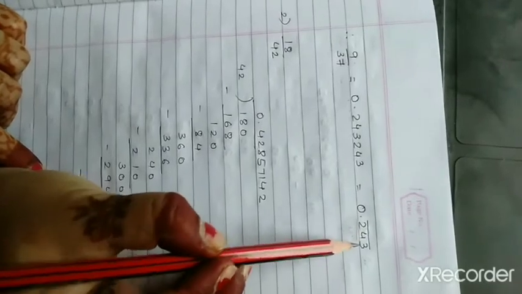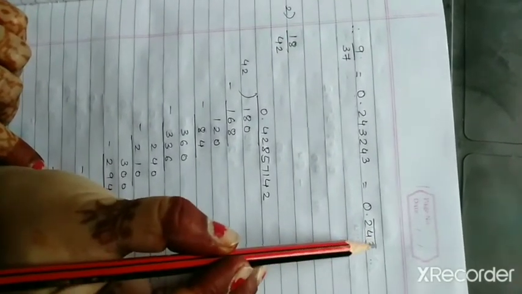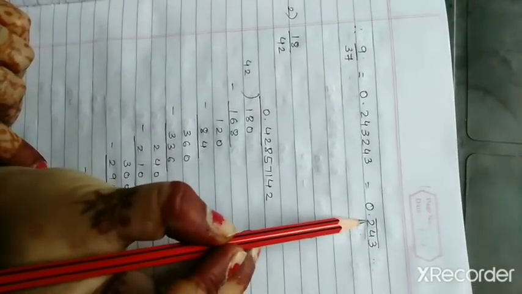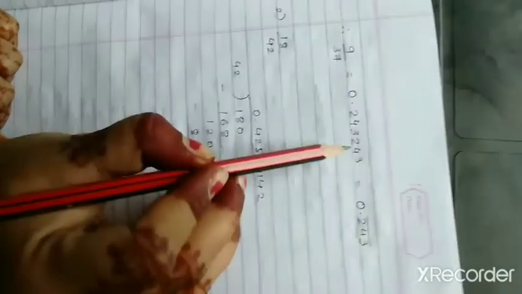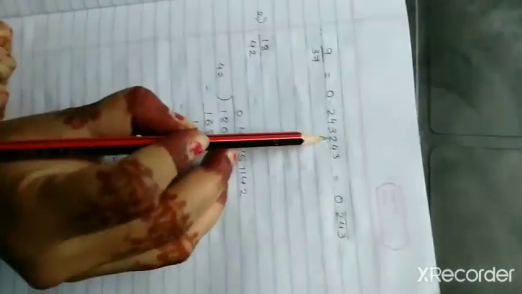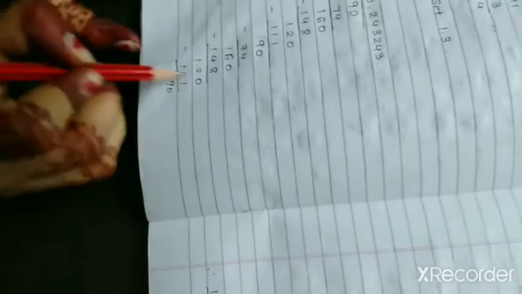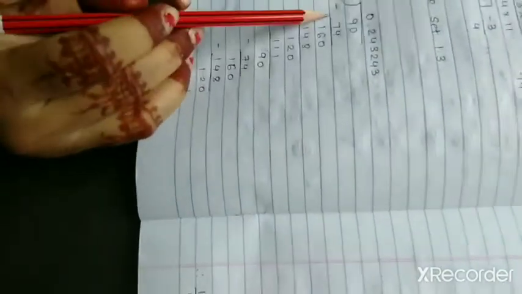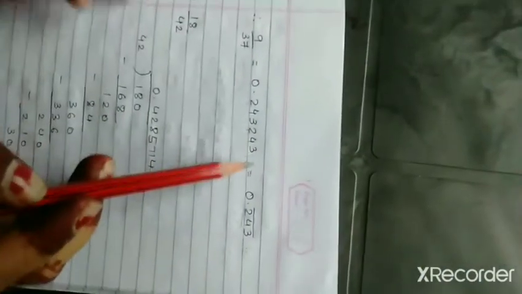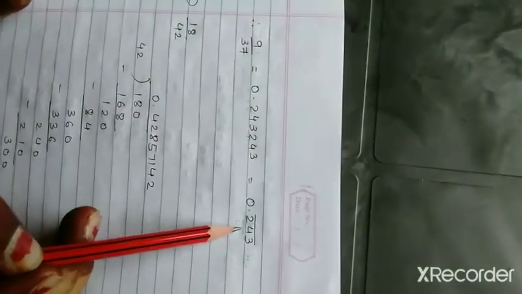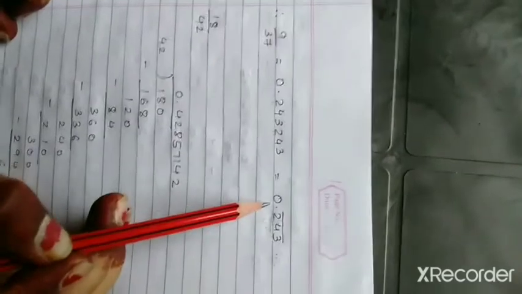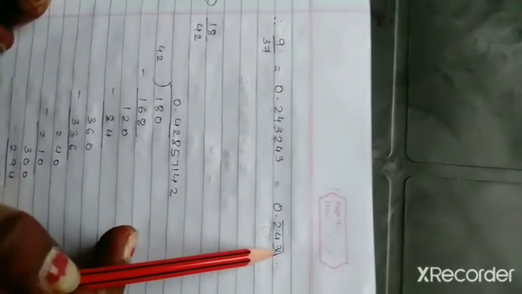If only 3 kept on repeating, I would have put a bar only on 3. But in this case, 243 keeps on repeating, as you all can see over here. If I do it again, that is 90, this is what the question was. So again it will be 243. So I am putting a bar on 243. So the answer is 0.243 bar.